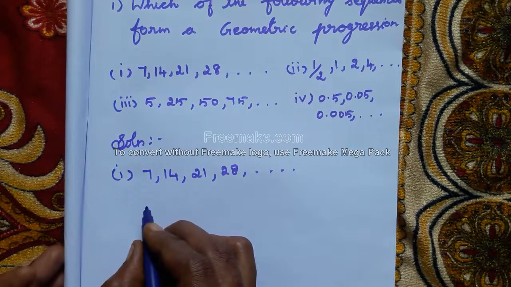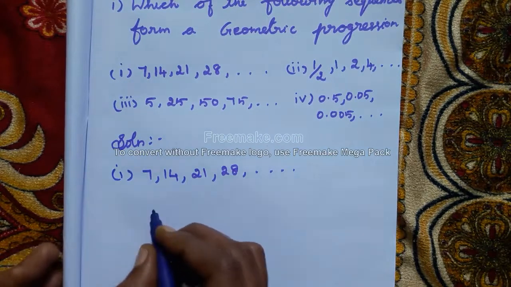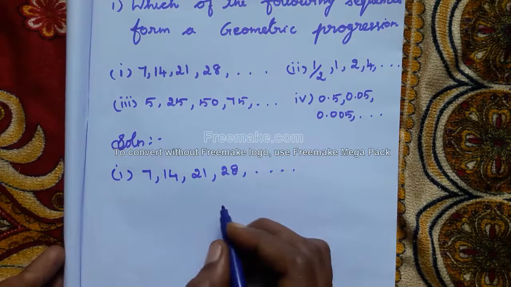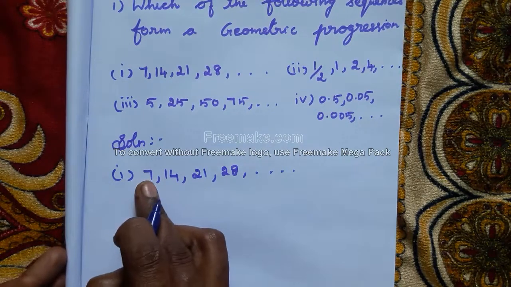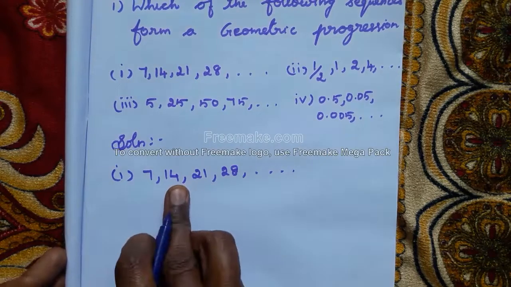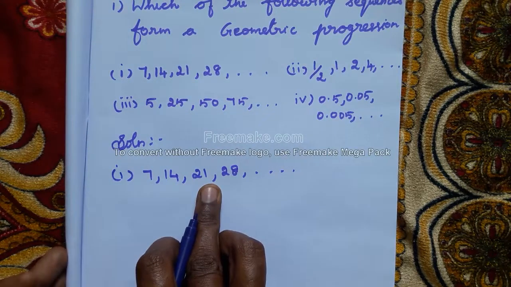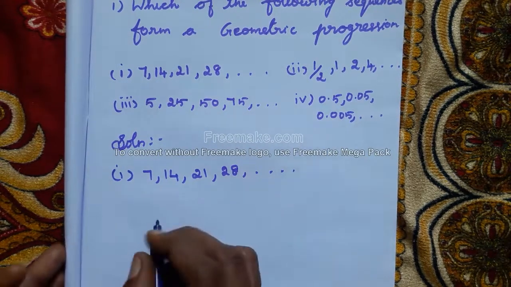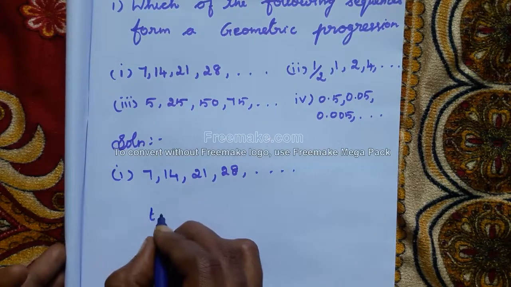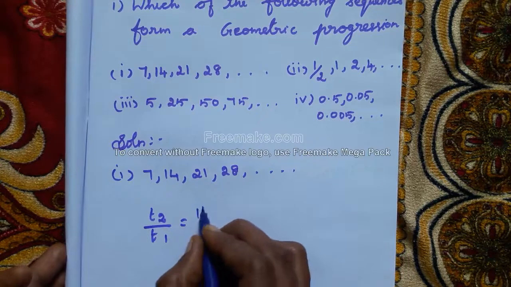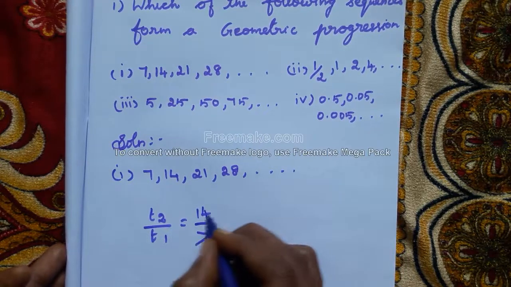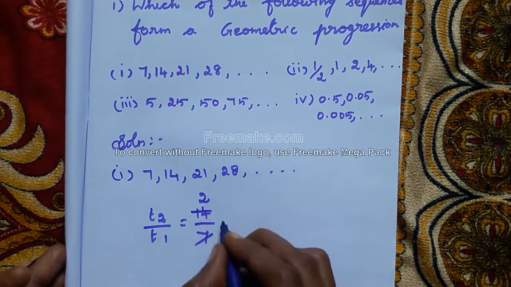If the common ratio is equal, we can say that it is a geometric progression. It is the first term T1, second term T2, third term T3, and T4. First, T2 by T1 is equal to what? 14 by 7 is equal to 2.